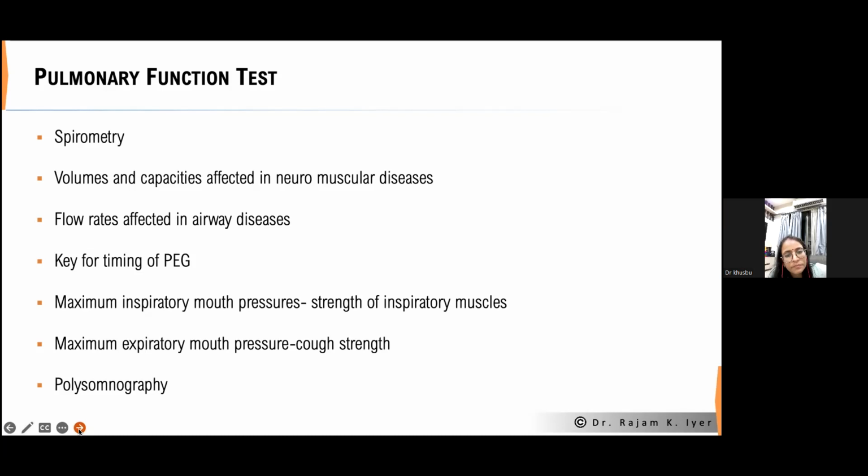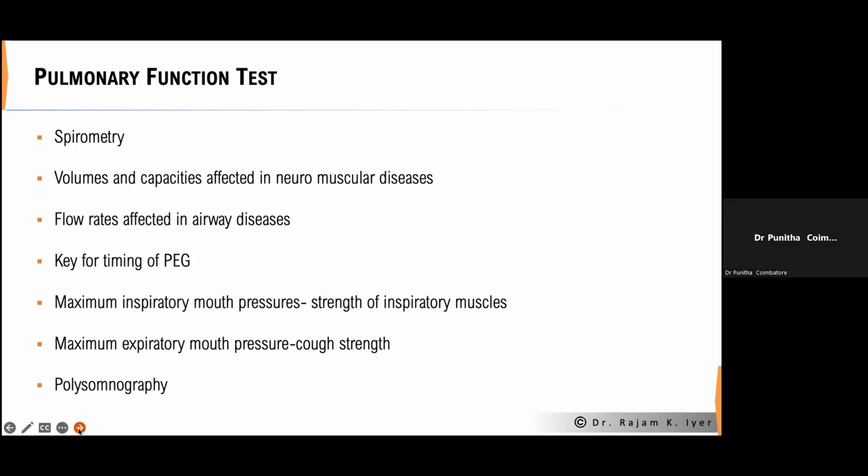Right? Okay. Now, when you have airway diseases, the flow rates get affected, because inspiration is active, expiration is passive. So if the airway is of a good caliber, the air flows at a particular speed. So you measure the flow rate. And how do you measure speed? When you say you're driving at 80, it is 80 what?